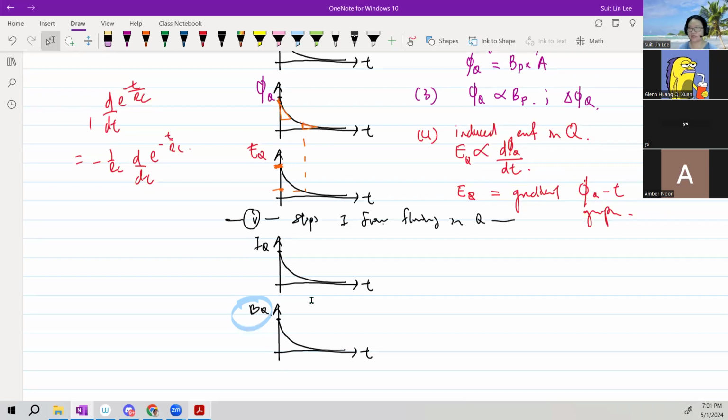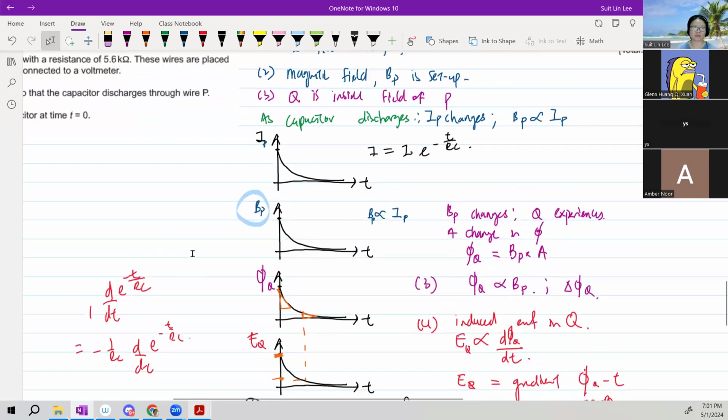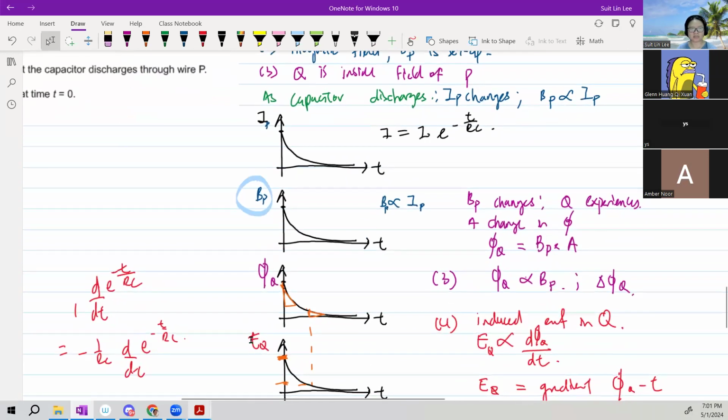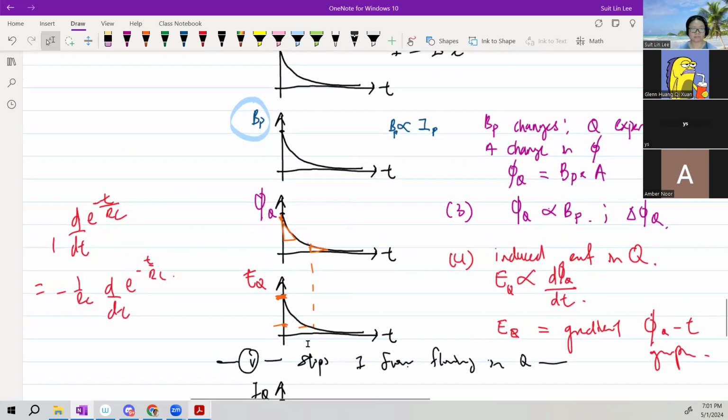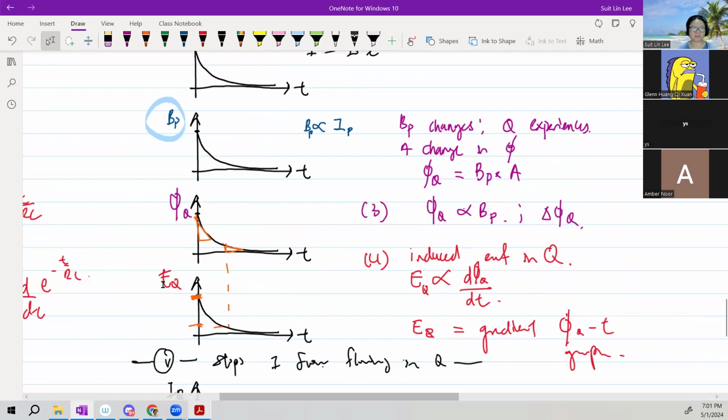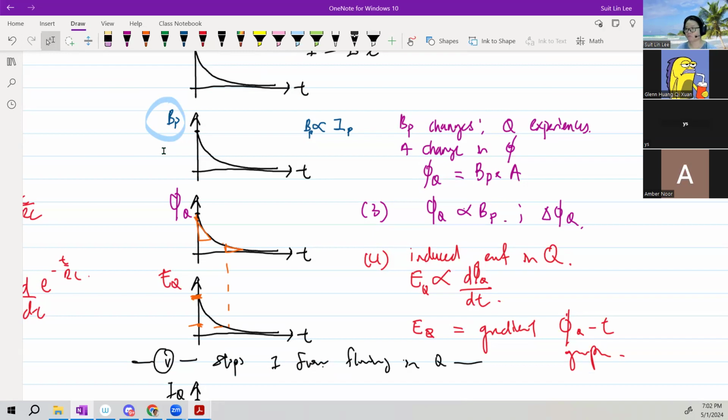There is a field. The induced EMF, okay, we go back to the step by step again. The induced EMF EQ is due to BP, not BQ. The origin story of the induced EMF in wire Q is due to the magnetic field in wire P, not the magnetic field in wire Q. So the induced EMF has nothing to do with wire Q at all.